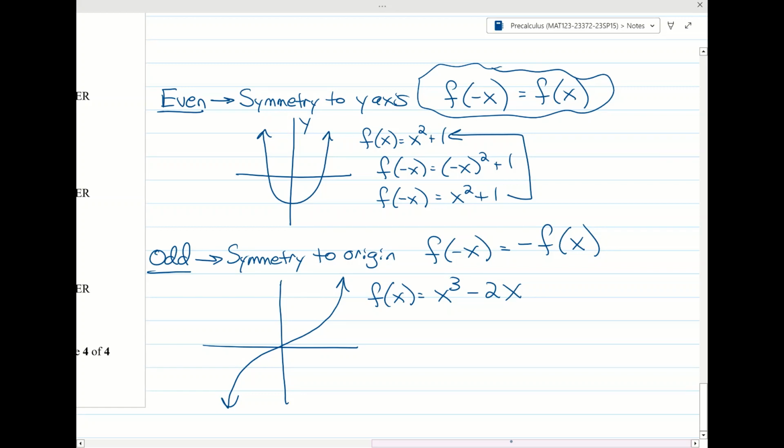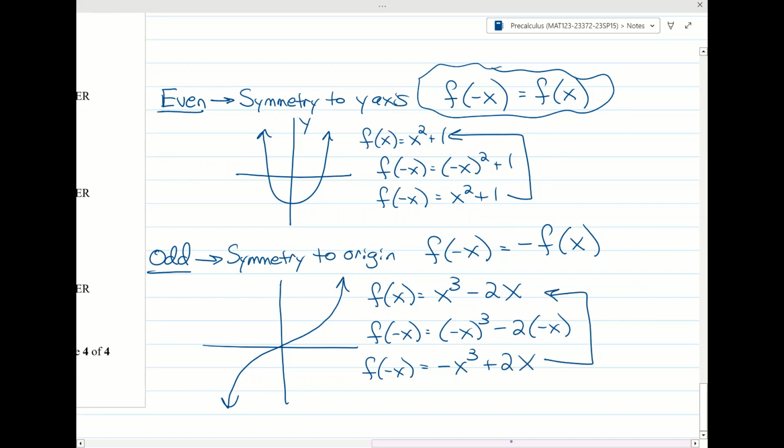If we were to plug in the opposite of x, we get negative x to the third minus 2 times negative x, which is negative x to the third plus 2x. You see how that's exactly the opposite of what we started with? That means that it's odd.